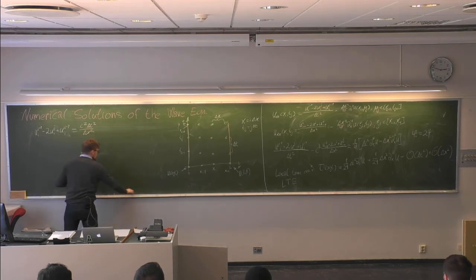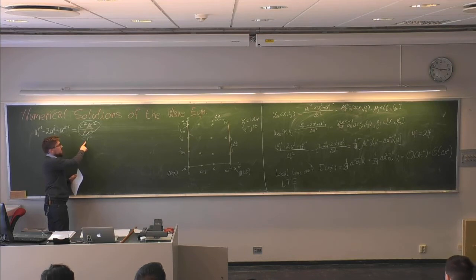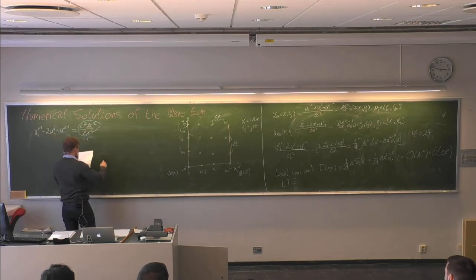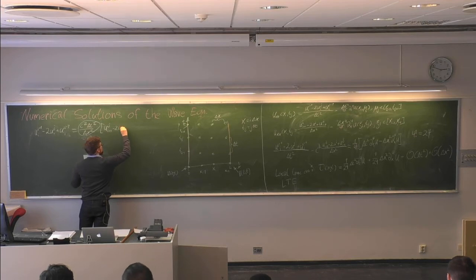Since we'll be using this a lot, I'll call this r squared. This is different from the r we had last lecture, it's just like constants. Times u_{i+1,j} minus 2u_{i,j} plus u_{i-1,j}, like so.